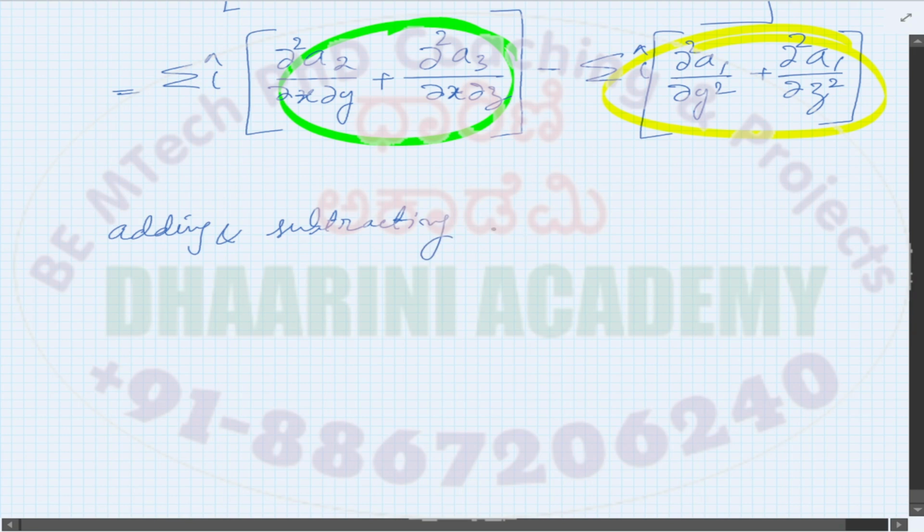That is, adding and subtracting the term summation I cap into ∂²A1/∂x², because I don't have the term like ∂²A1/∂x² in this. I have it with y² and z², the terms inside the yellow color. So in order to bring it, I'll add that and I also subtract that.